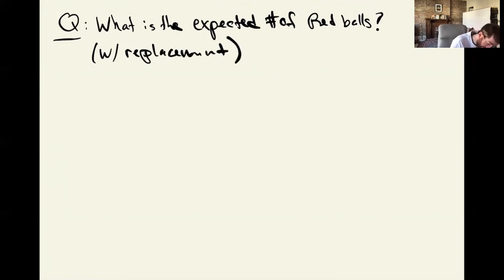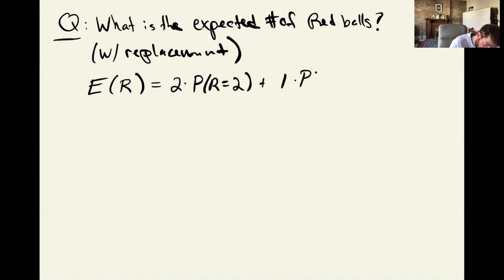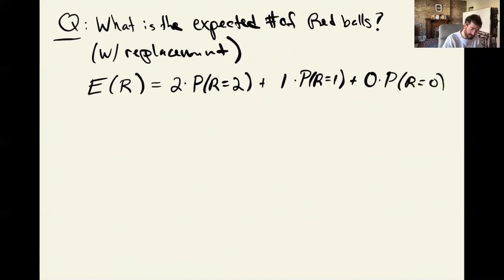Well, again, if we compute directly, the expectation of R is going to be equal to 2 times the probability of red equaling 2, plus 1 times the probability of red equaling 1, plus 0 times the probability of red equaling 0. 0 times anything is 0, so we don't need to really worry about that.